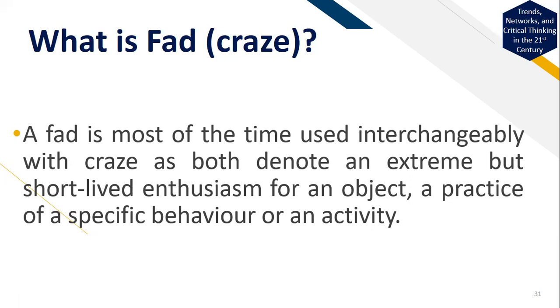In a more specific concept, pag sinabi natin fad, this is just a short-lived trend. Uso lang siya in a short period of time. Generally speaking, pero pwede din siyang lumago depending on how people perceive that fad.